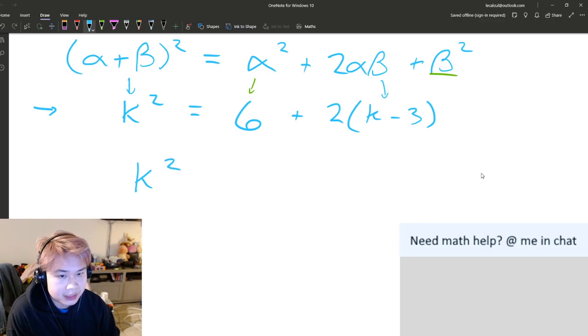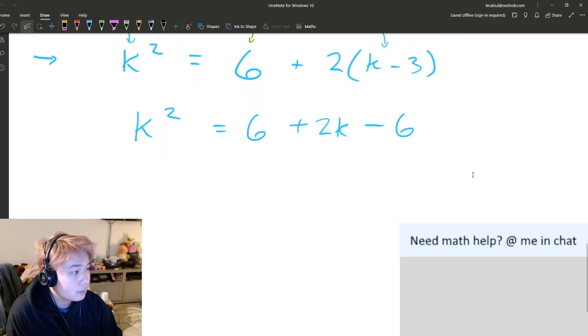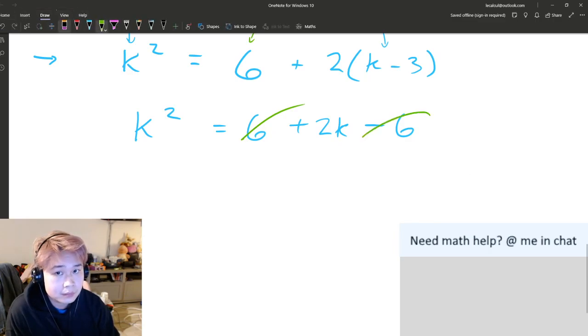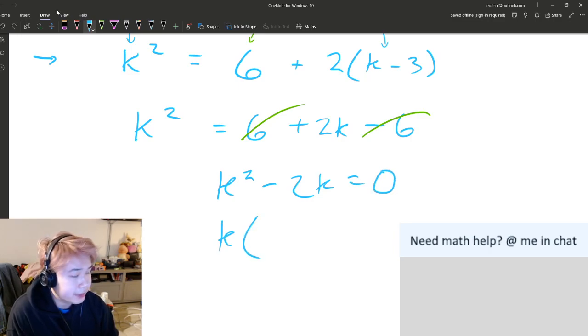So let's just make this look a little bit nicer. And then, well, those will be 0. And then if I just collect things to one side, I get this. I can factor out a k. So I have two possibilities, 0 and 2.